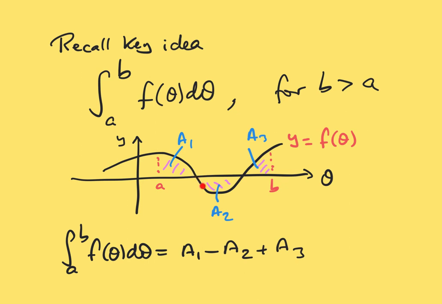But if it becomes negative, then over this region, the contribution of the area to the integral is minus its value. So all areas are positive, but the contribution of this to this integral is minus a2. And then here, I've just shown it such that our integrand is becoming positive again, and this gives a contribution equal to this area.